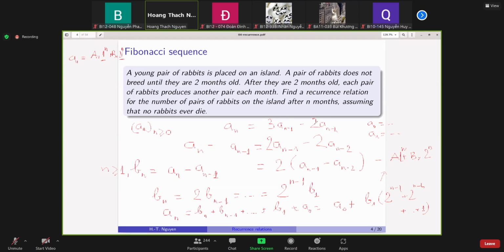If we look at this example, 2 here is present here, and in fact the 1 here is related to the coefficient of a_{n-1}.